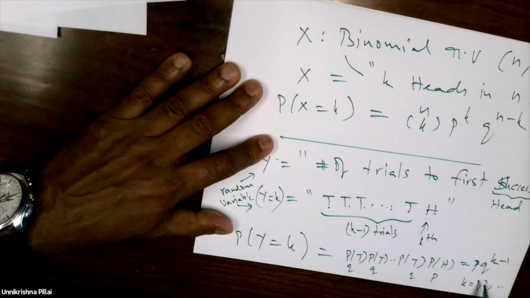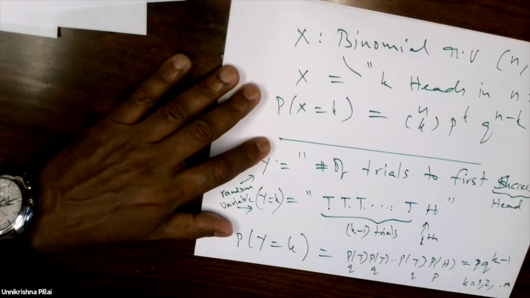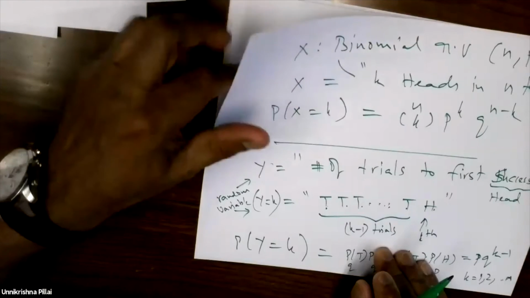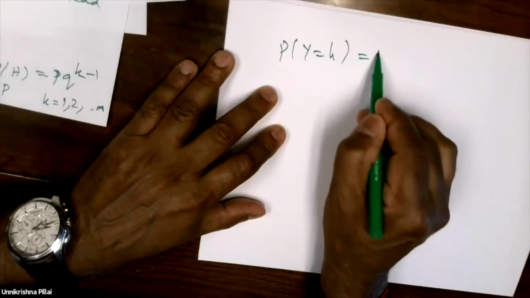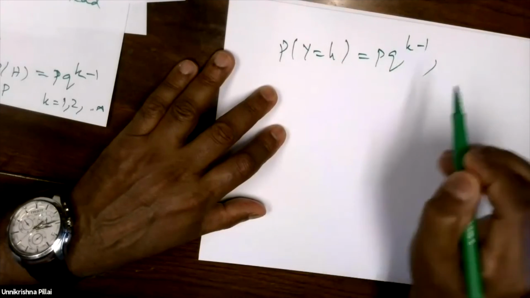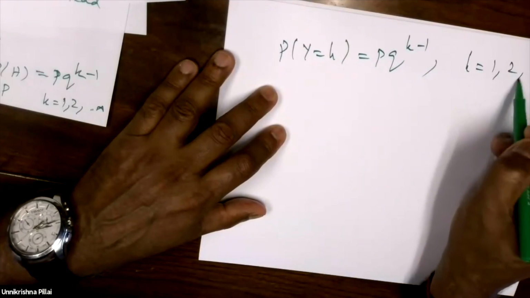K could be 1, 2, 3, etc. up to infinity. So if you define y to be the number of trials to the first success, probability of y equal to k is p q to the power k minus 1. K can go from 1, 2, 3, etc. up to infinity.